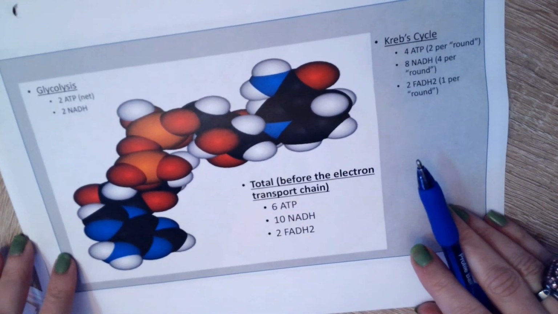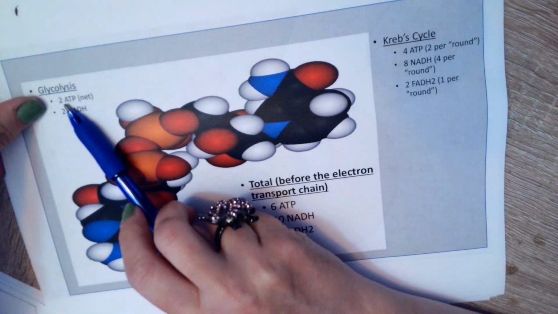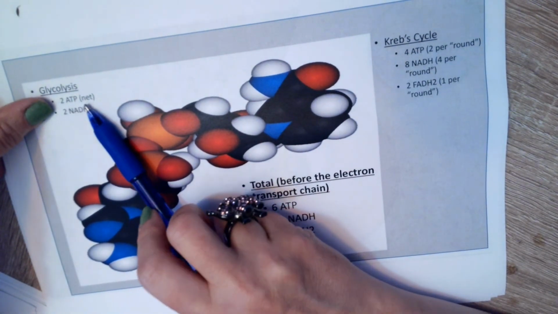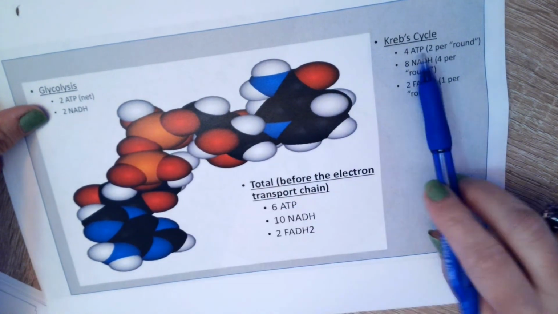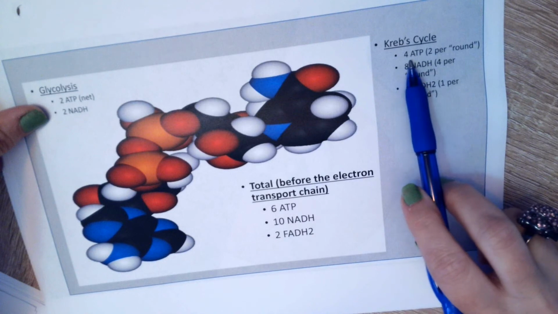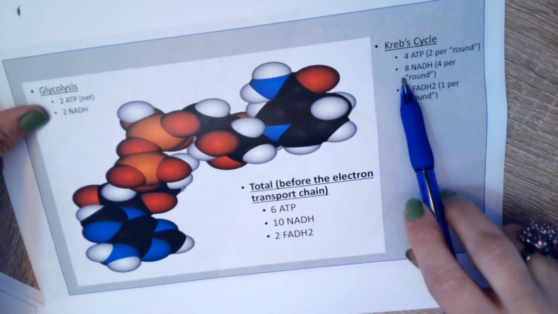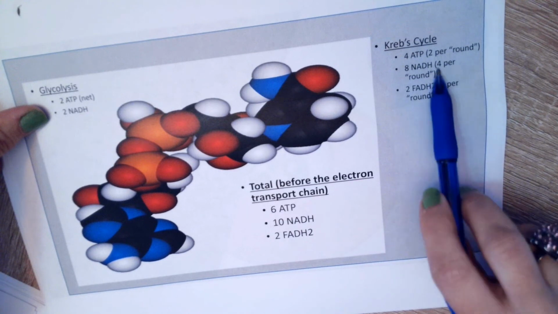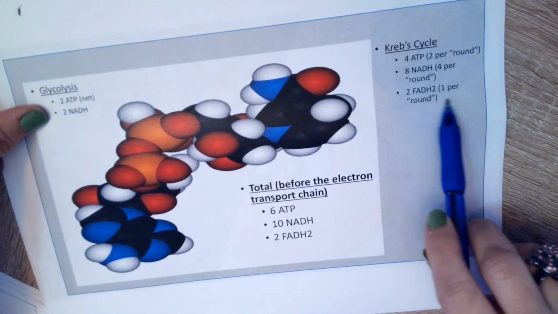So here are our totals as of now. In glycolysis, we net 2 ATP and we get 2 NADH. In the Krebs cycle, we get 4 ATP because we doubled it, remember, 2 per round, 8 NADH, 4 per round, and then 2 FADH2, 1 per round.